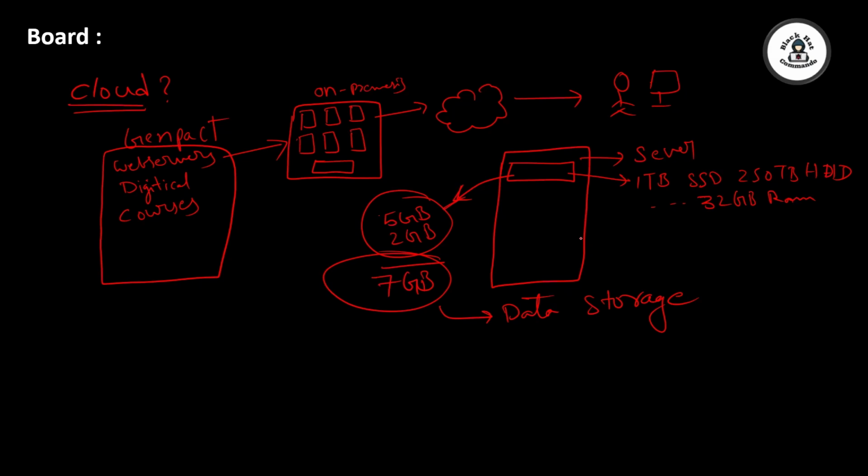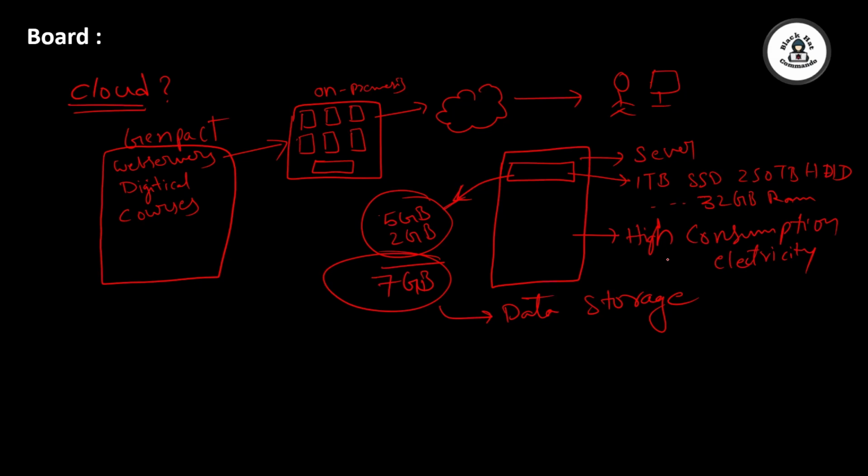Along with that, there is high consumption of electricity. These two are major drawbacks of on-premises servers. Still, nowadays people use on-premises for their private cloud because of security issues.